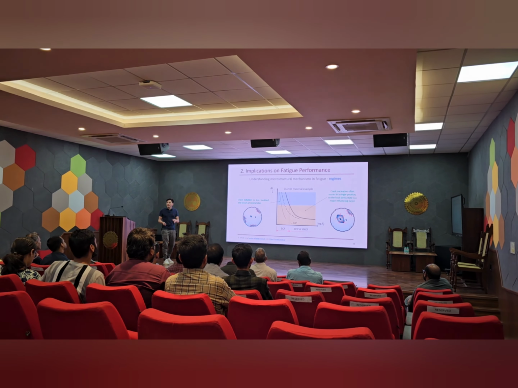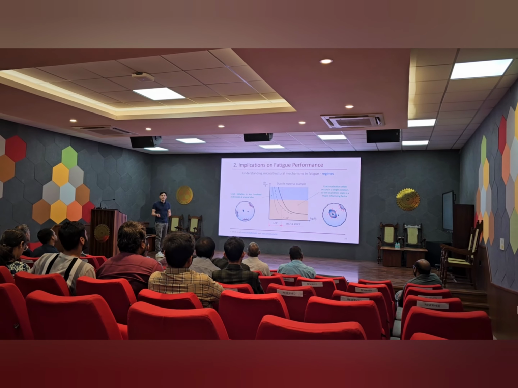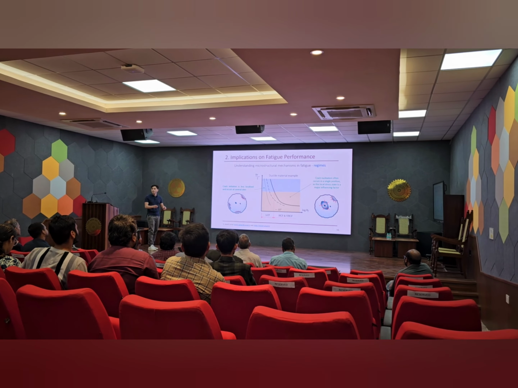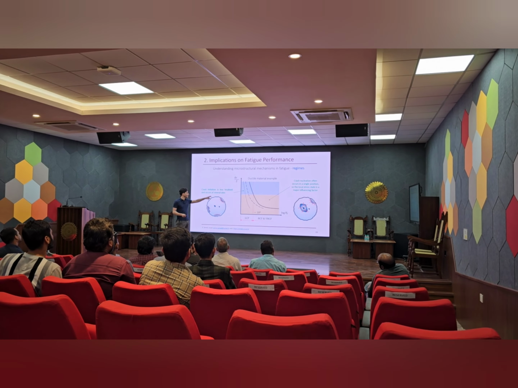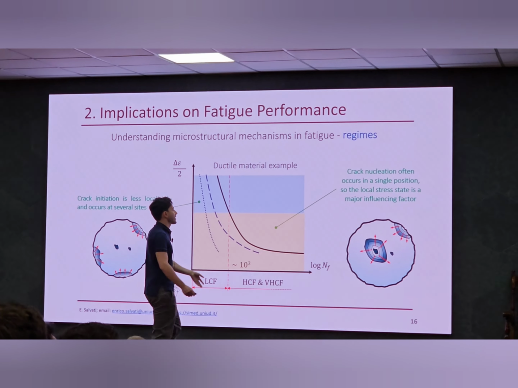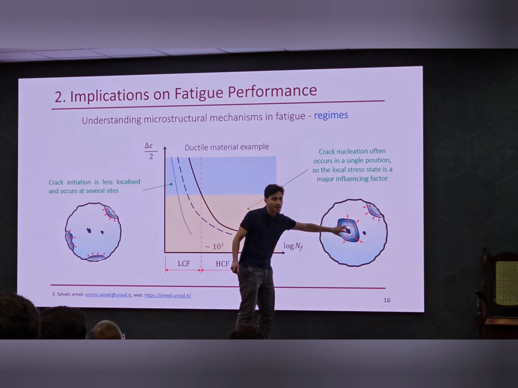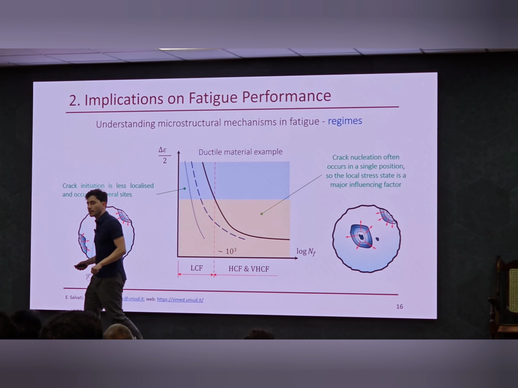Recently, we're dealing with additive manufacturing, and additive manufacturing parts have porosity inside, big pores, and in some cases, no matter how rough or not rough the surface is, you might have fatigue crack initiation from the bulk of the material.